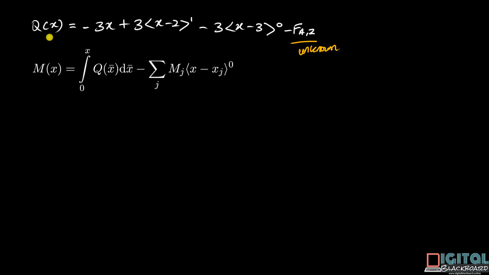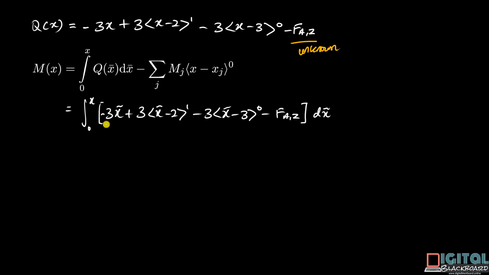Let's copy the expression for Qx over to the next page, where the Faz term is actually our unknown. Now let's figure out what our moment function is using the formula given previously. The expression in these square brackets is simply the Qx function above, and there are no applied couple moments.